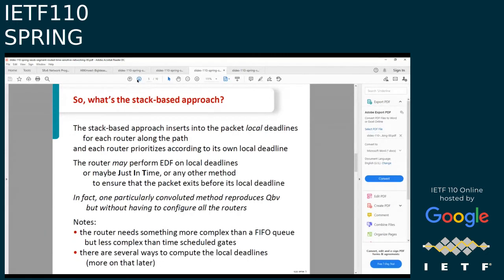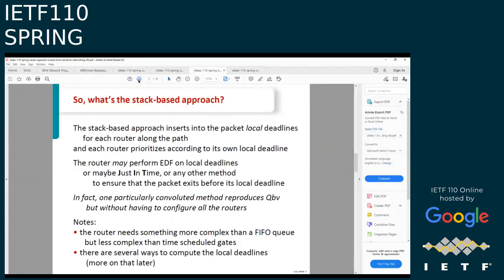As a matter of fact, if you want to do something funny, you can do a rather convoluted method which involves quantizing, which will actually reproduce 802.1 Qbv, which is the gold standard in the TSN world that everyone says, oh, this gives absolute bounds. So you could even do that, but you can certainly do things which are more logical and perhaps better than that. I should note that the router is more complex than a typical router.